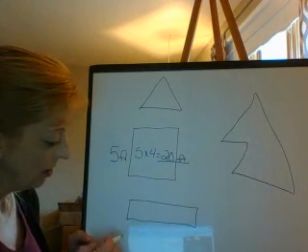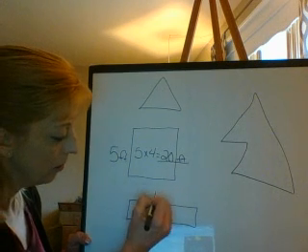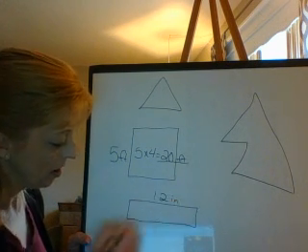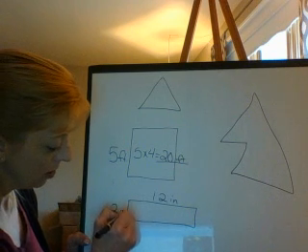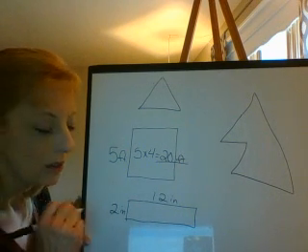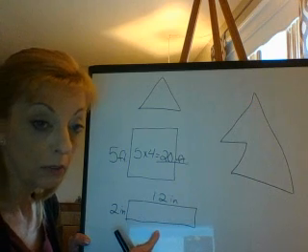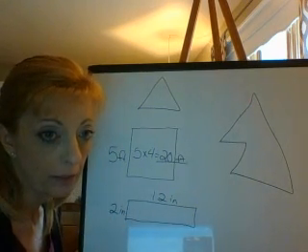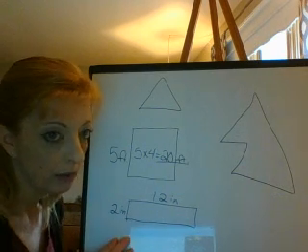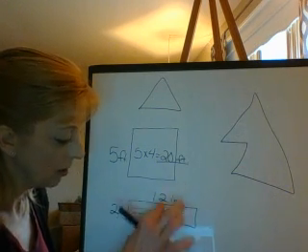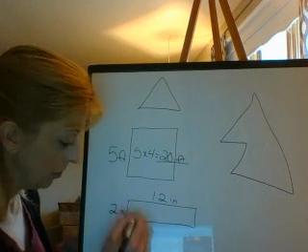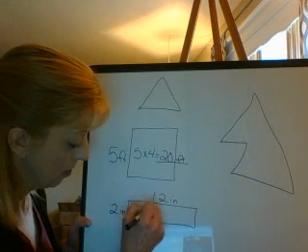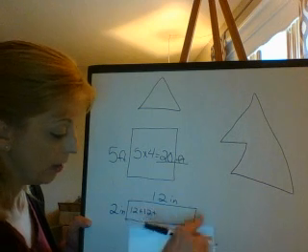This rectangle, if I tell you the top is 12 inches and the side is 2 inches, you know that the bottom would also be 12. And if the left side is 2, then the right side is 2. If we're doing perimeter on a rectangle, we have to add up the top and the bottom, 2 12s, and the left and the right.